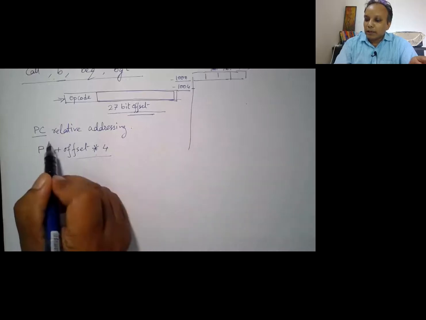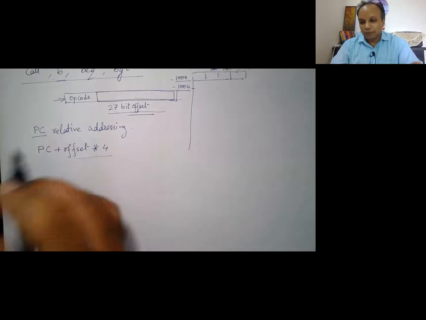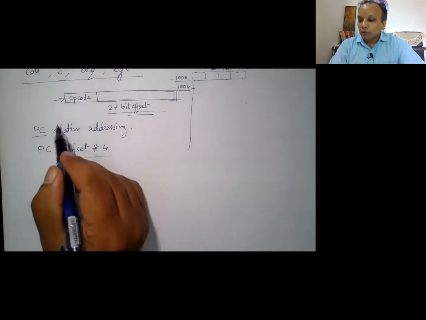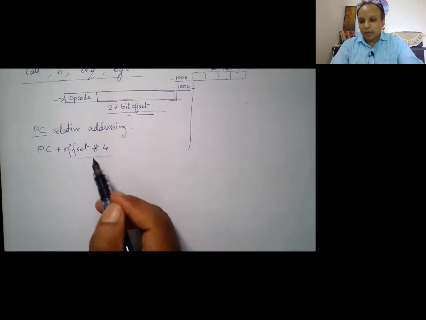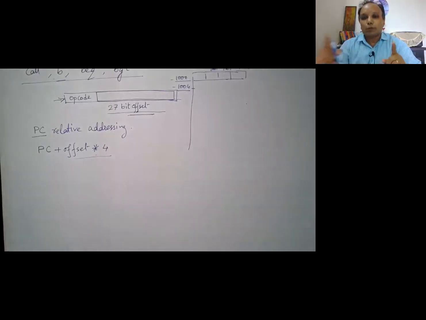I'll get to know that by adding 4 to the PC. If there is no branch or anything, the next instruction is at an address which is PC plus 4, because each instruction takes 4 bytes. All right. Yes, sir.